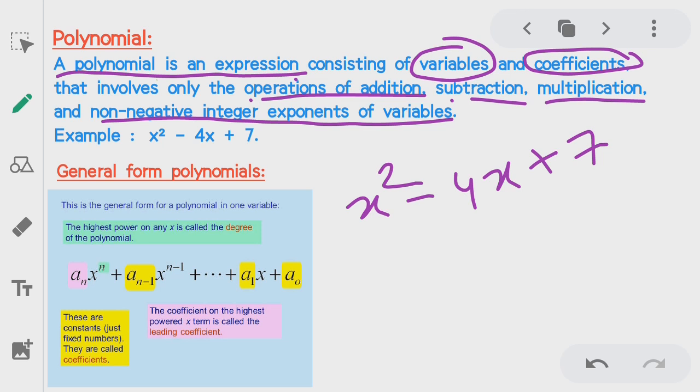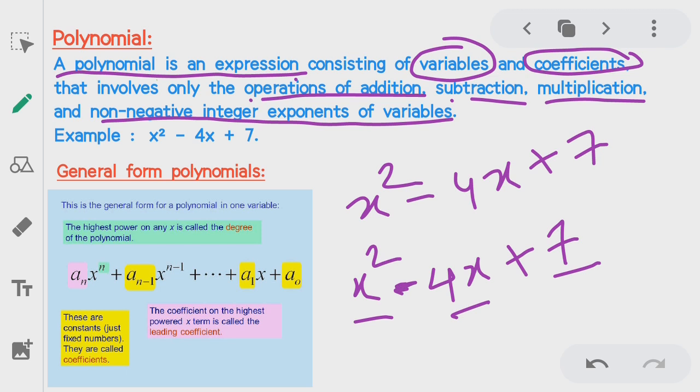In this, x is the variable, minus 4 is the coefficient of x, plus 7 is the constant. So x square, 4x and 7 are operated with some algebraic operations. Hence this is an expression.